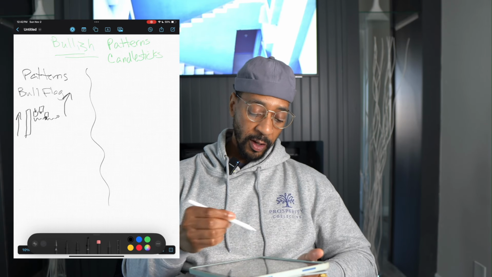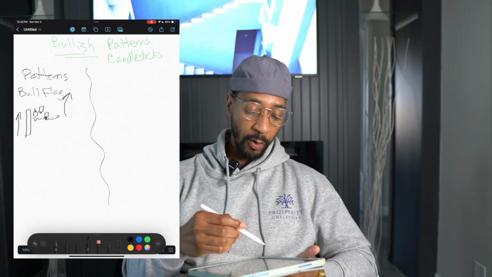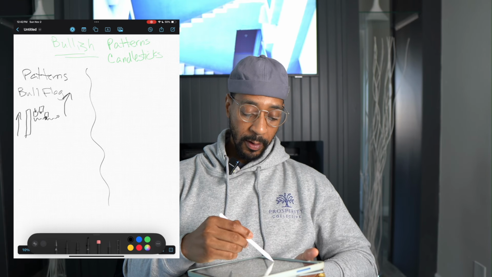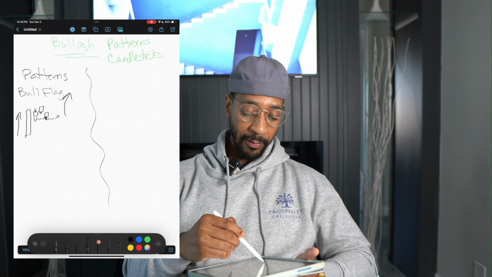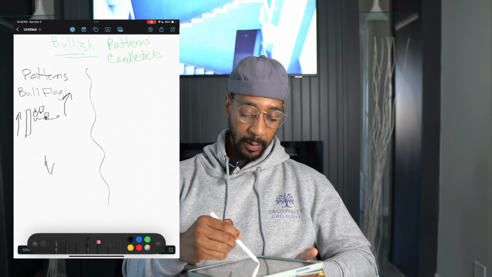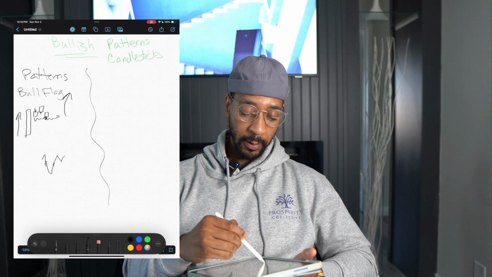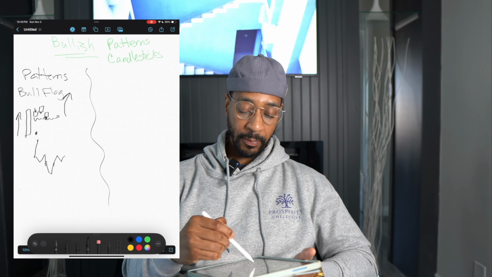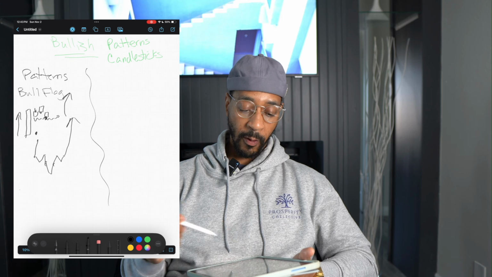The next one is going to be an inverted head and shoulders. Basically, you have a peak at the bottom, okay? Then you have shoulders right here, okay? And this is where it came from. And then it's getting ready to go higher. All right?